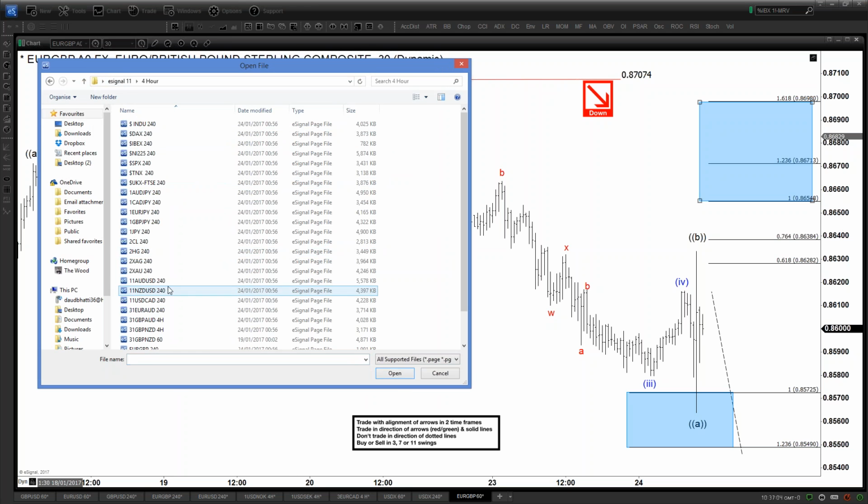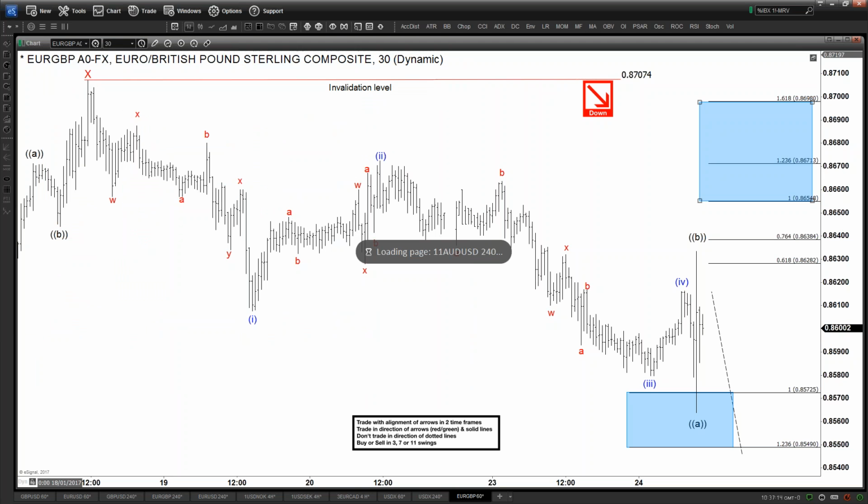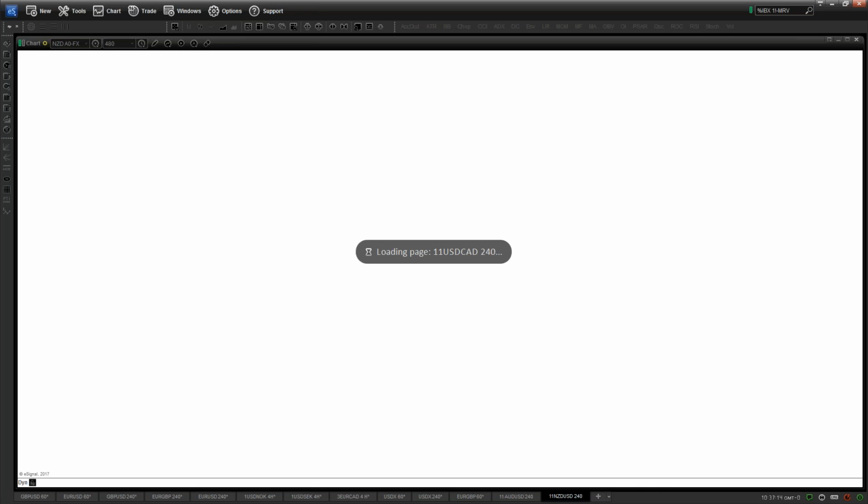All right, they're also pretty clear, especially, you can see the pound Aussie, pound Kiwi, they're calling for another leg higher still. Okay, and because of that, we can get one more push up in the euro.